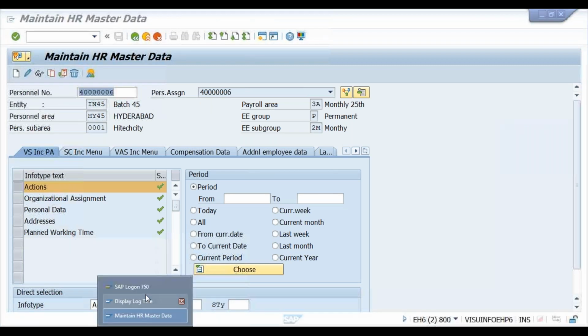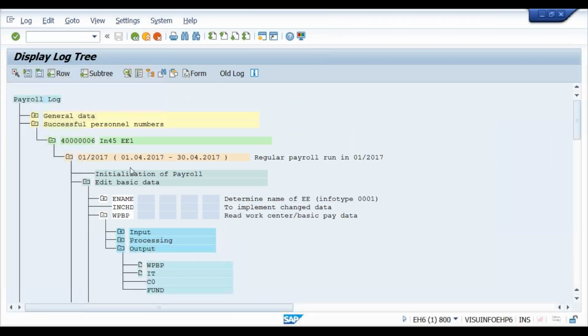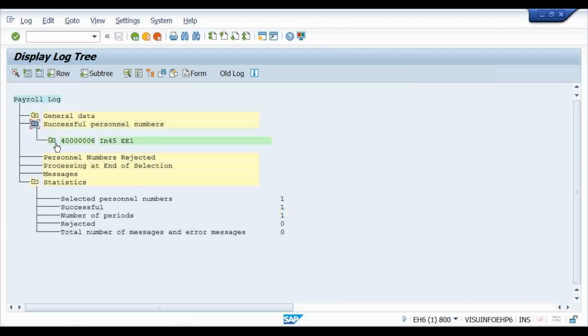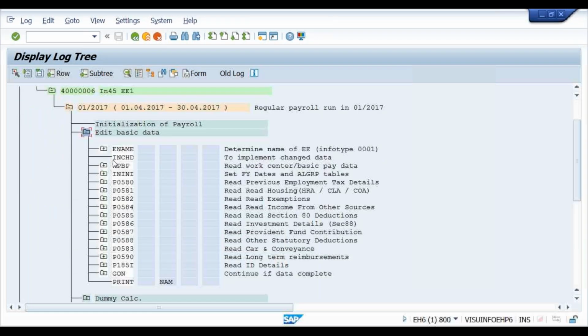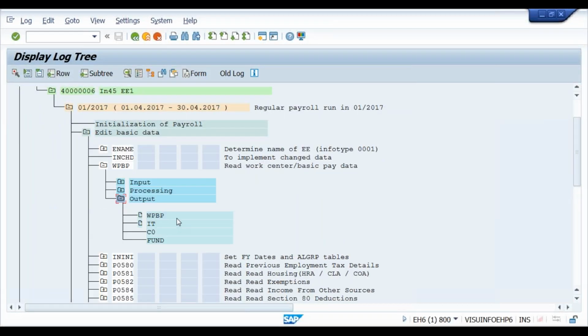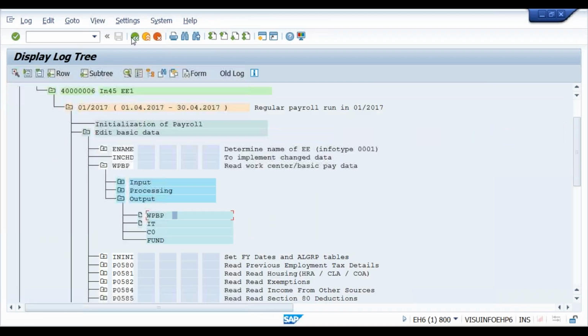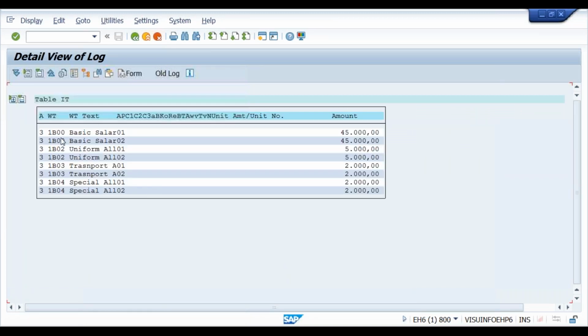Now let's run and see how many. Now there are only two splits, right? If I go to the IT table, there is a first split and a second split. First split basic salary, second split basic salary. First split uniform allowance, second split uniform allowance, right? So the system will update the IT table according to the WPBP splits.